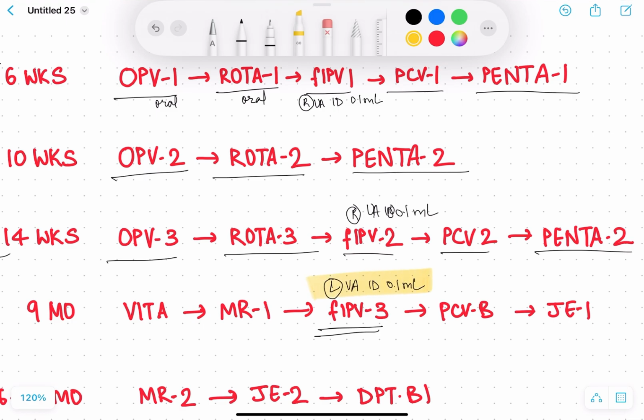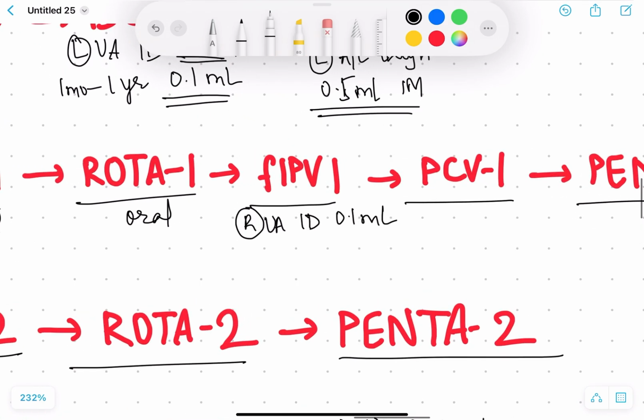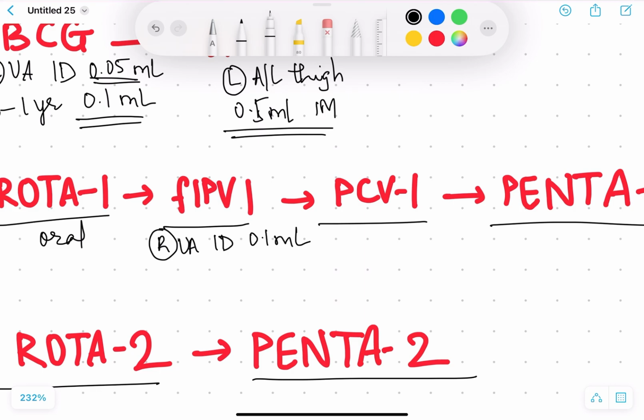And the reason over here is because you are going to give them MR along with that at 9 months in the right upper arm, which is going to be subcutaneous 0.5 ml. So FIPV1 is going to be right upper arm intradermal. PCV1 again going to be right anterolateral thigh. So it is going to be IM, and the dose is 0.5 ml.